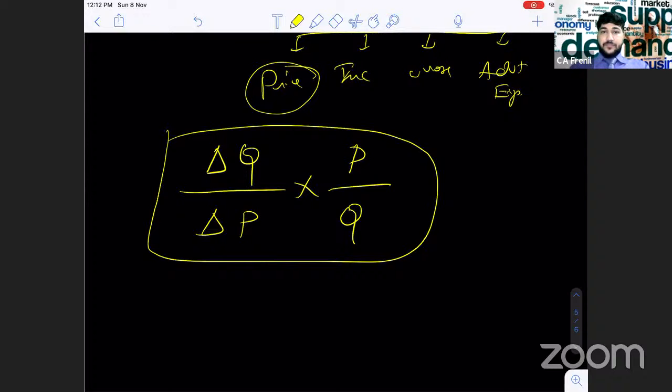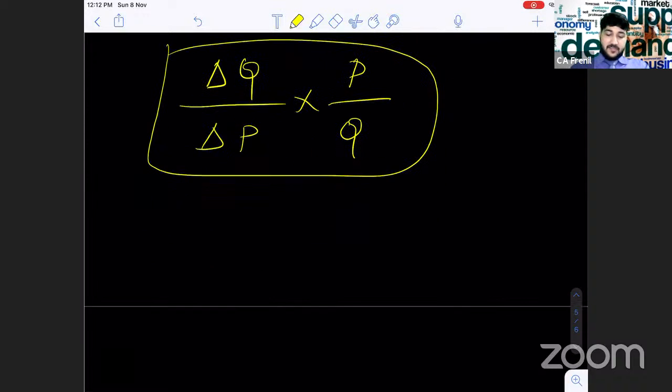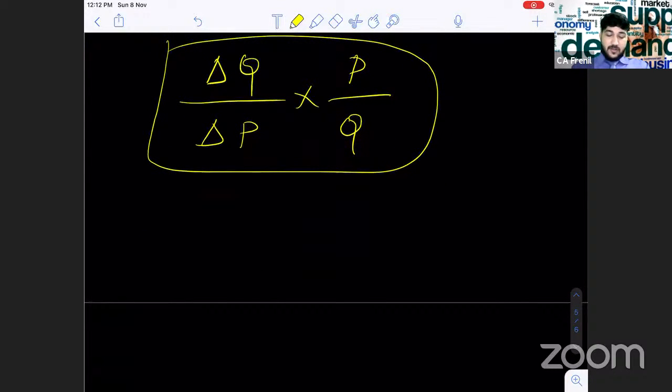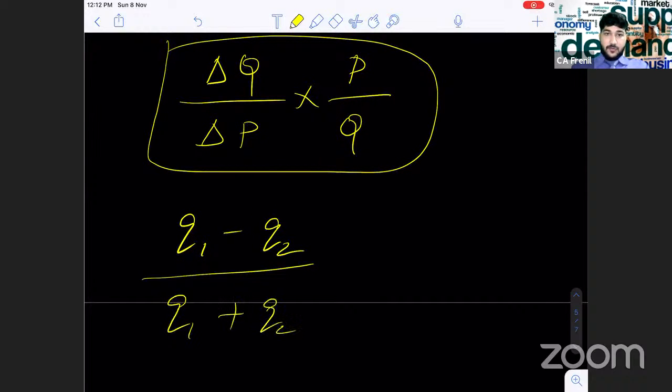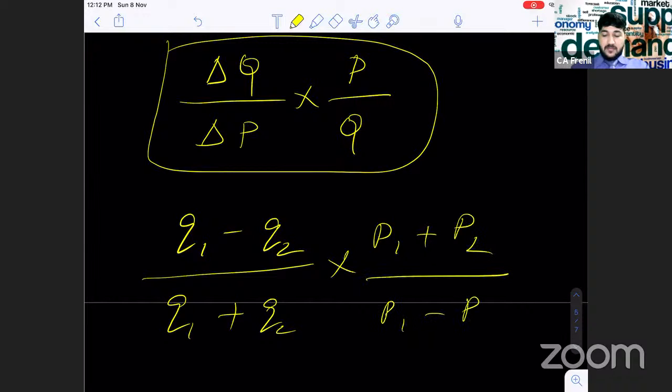Now next one, there is arc elasticity. Arc elasticity, what is the formula, students? Do you remember the formula for arc elasticity? Yes, you should remember. The formula is Q1 minus Q2 divided by Q1 plus Q2 multiplied by P1 plus P2 divided by P1 minus P2.